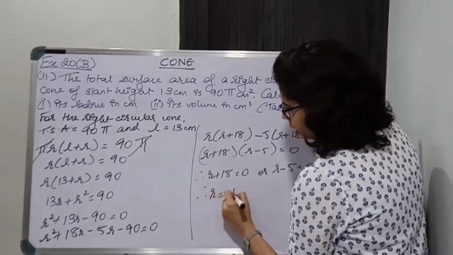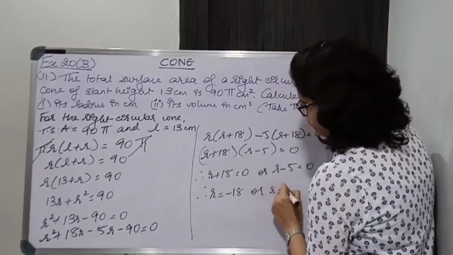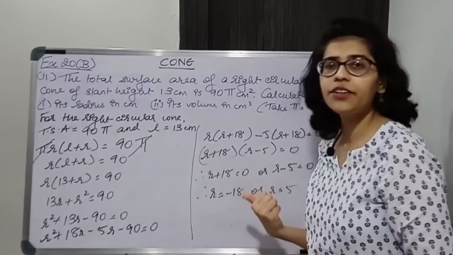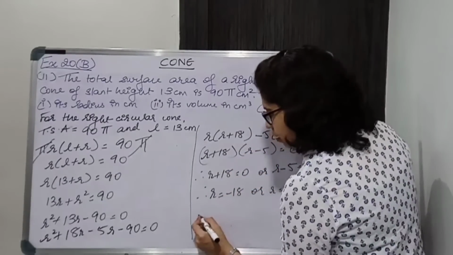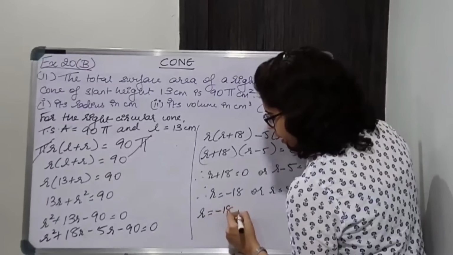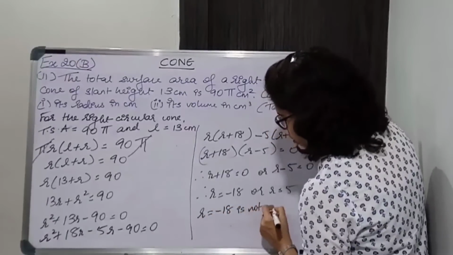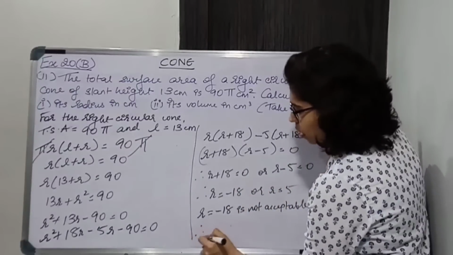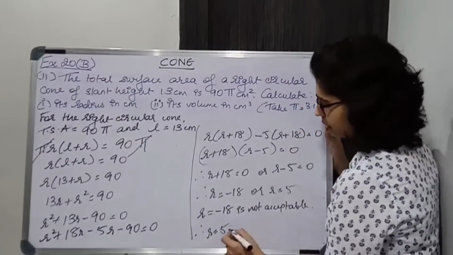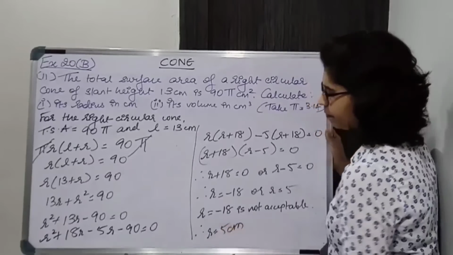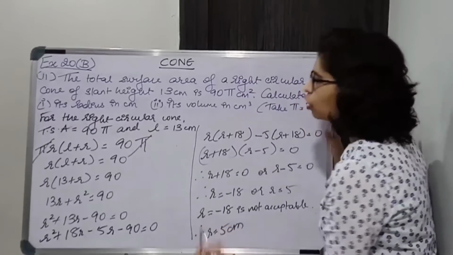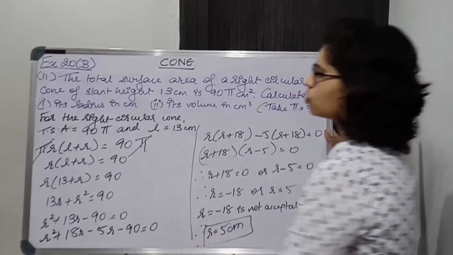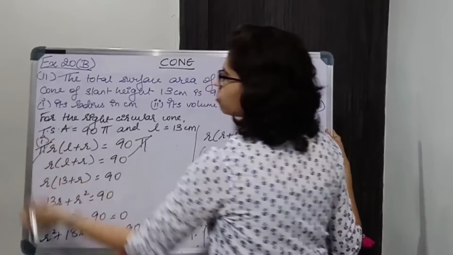Therefore r is equal to minus 18 or r is equal to 5. R is radius over here. How can radius be negative? So r equal to minus 18 is not acceptable. Therefore r is equal to 5 centimeter, okay. So we got r. This was the first part of the question.